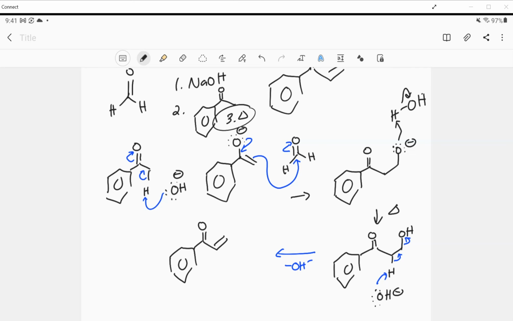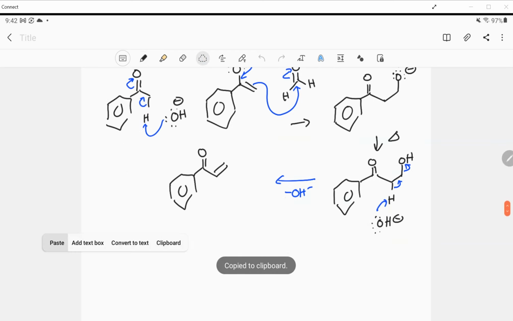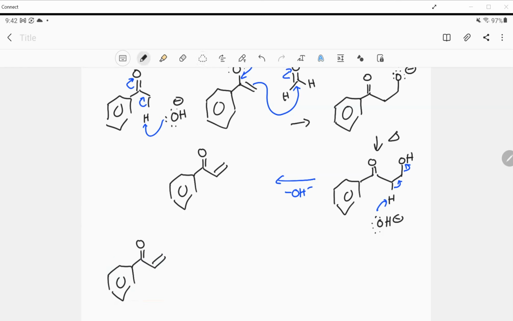Okay. Next, let's take this compound and now do something else with it. I thought this was a cool problem because we take the same thing and now do different things to it. Let's go ahead and do this.